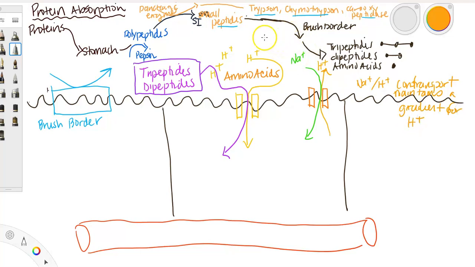So more hydrogen is out in the lumen than in here, so that this can occur to carry tripeptides and dipeptides into the cell.